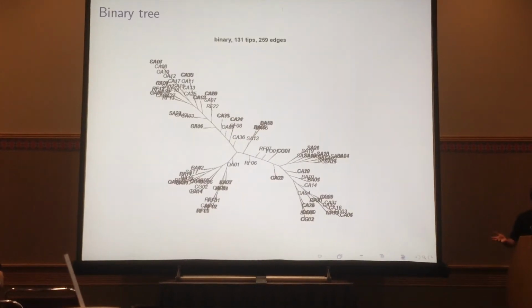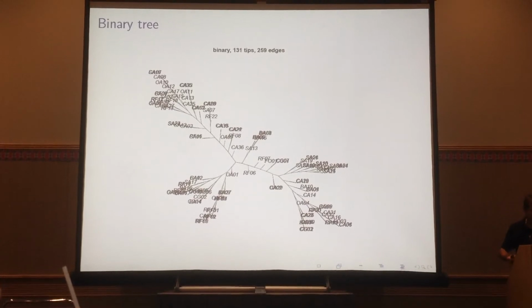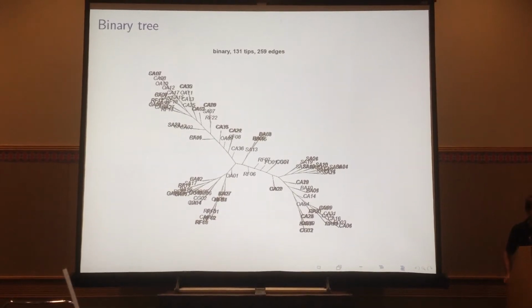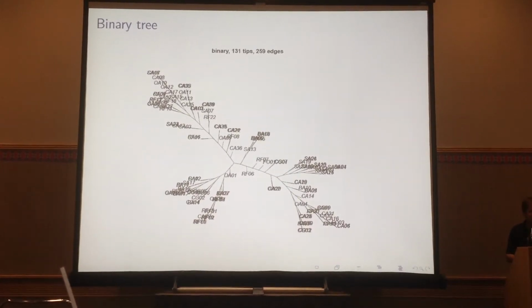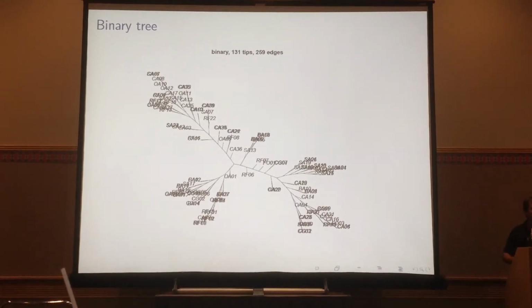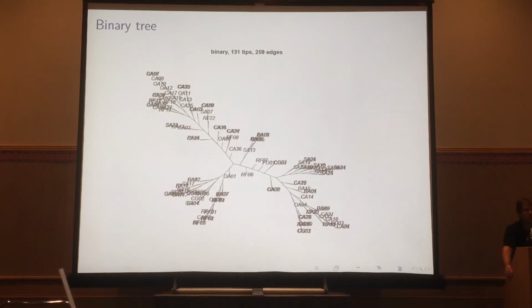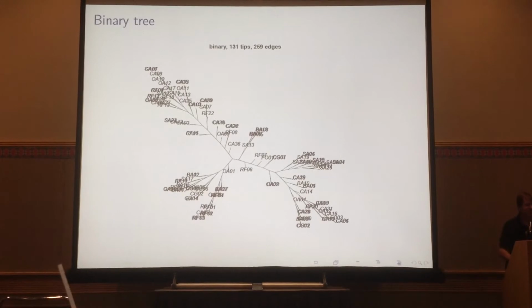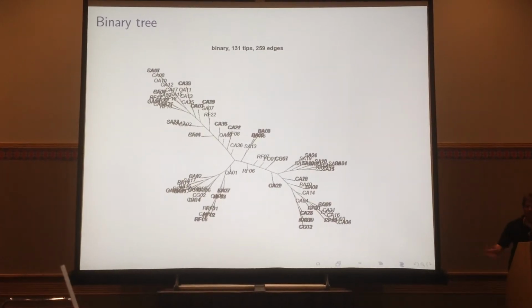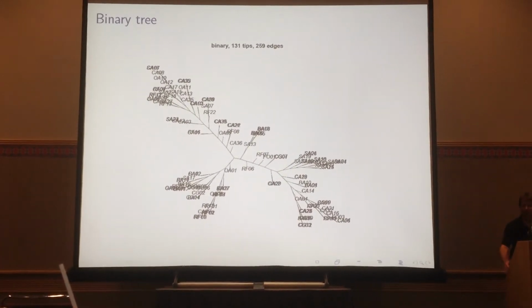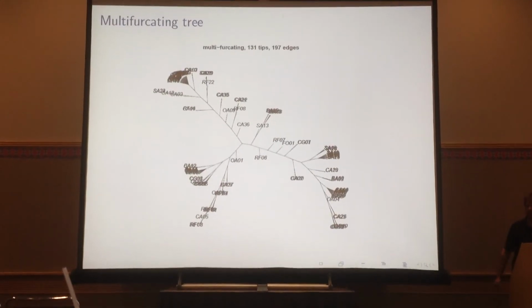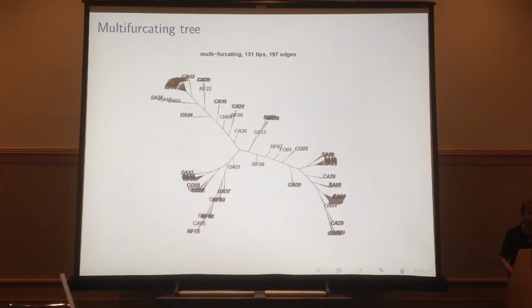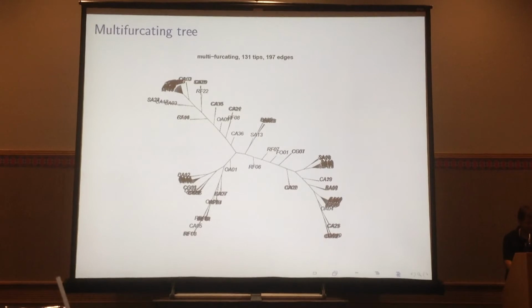So we have a data set with 133 tips, a data set of some fish from Rita Castillo, who sits at the end of the audience. If we use the whole tree, we have 259 edges. If we prune away the zero-length internal edges, we have 197 edges.